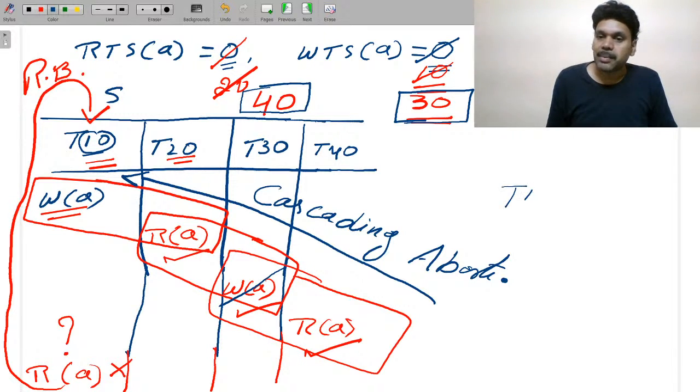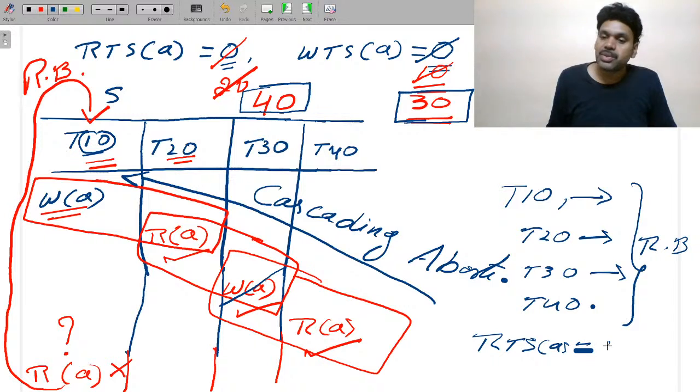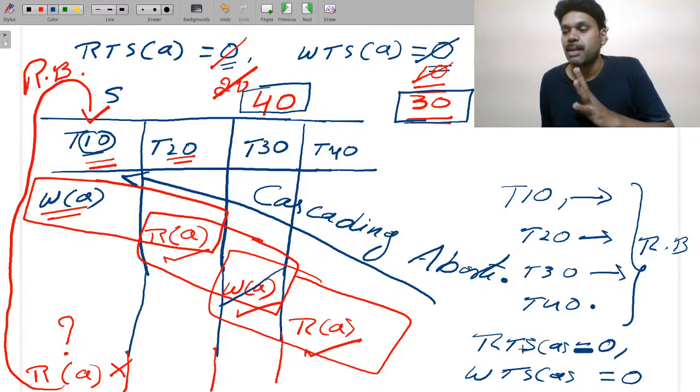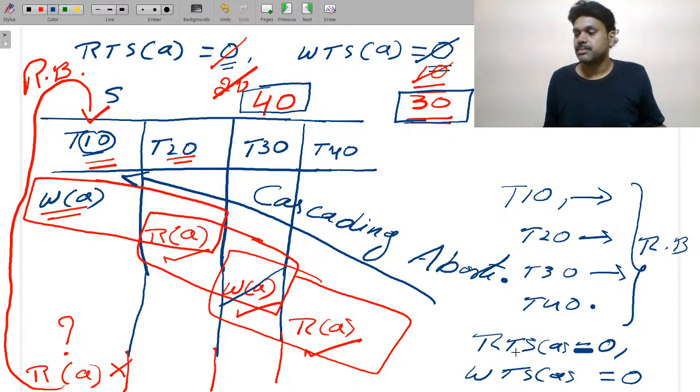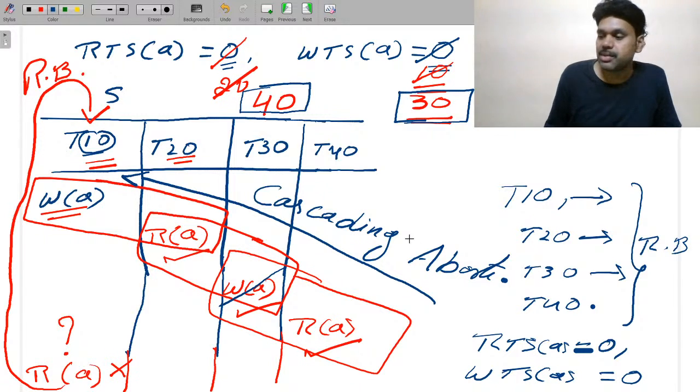T10 leads to T20 rollback, T30 rollback and T40 rollback, and after rolling back, all the timestamp values are reset: RTS of A goes to 0 and WTS of A goes to 0. Again you have to start your actions with fresh numbers. Okay friends, any doubt? Then you can post.